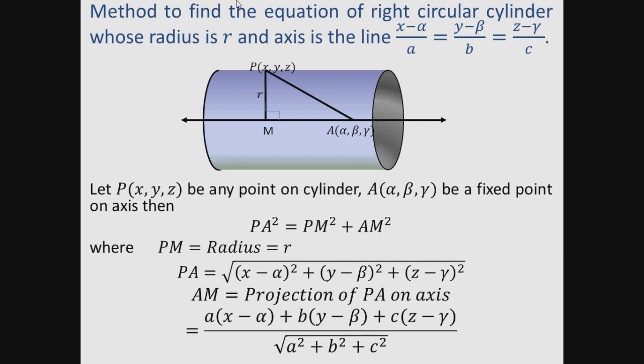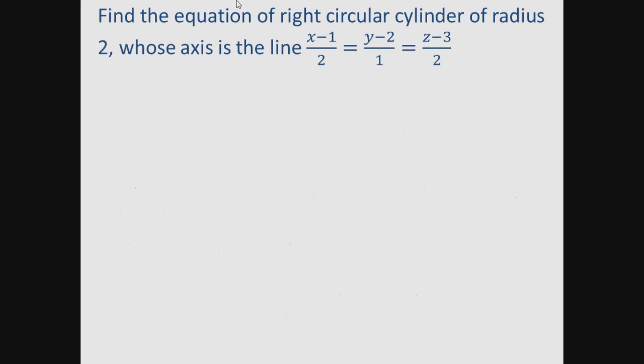Now we'll take a problem based on this right circular cylinder. Find the equation of the right circular cylinder of radius 2 whose axis is the line (x minus 1)/2 equal to (y minus 2)/1 equal to (z minus 3)/2. In this problem the radius is given, and we are given the equation of the axis.